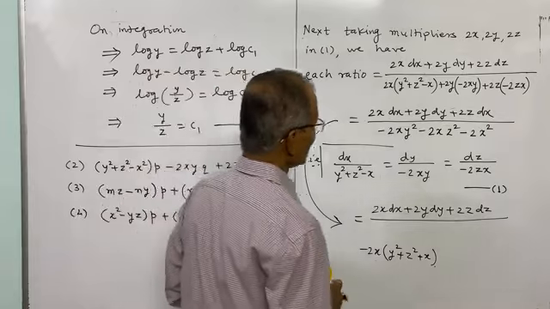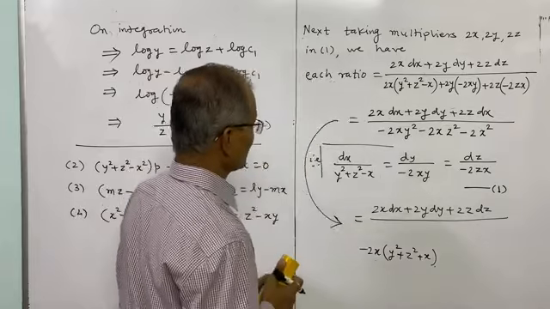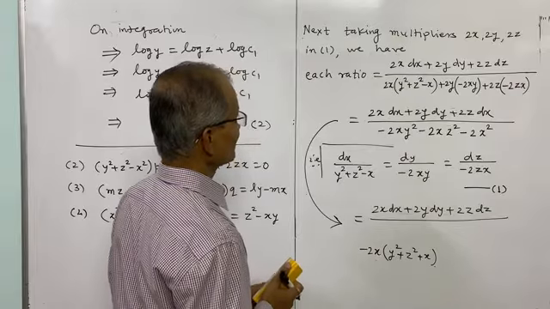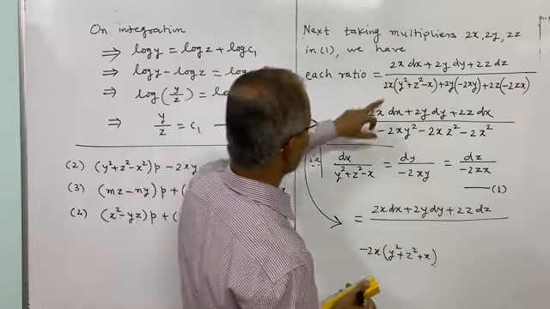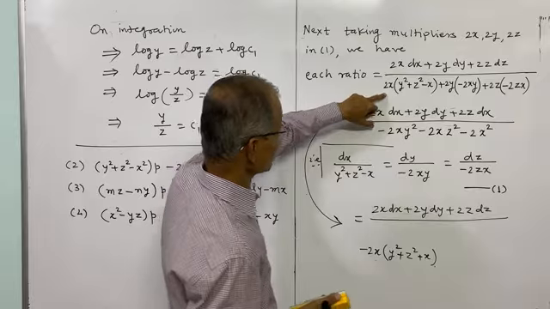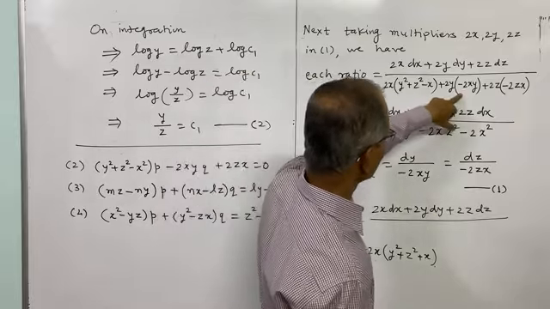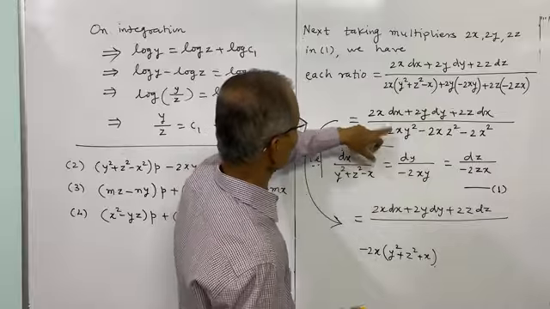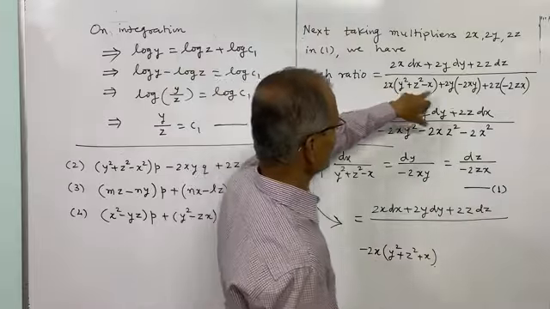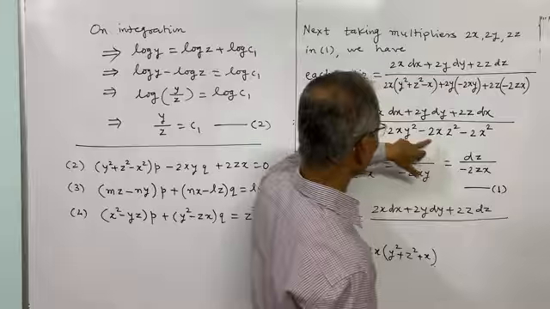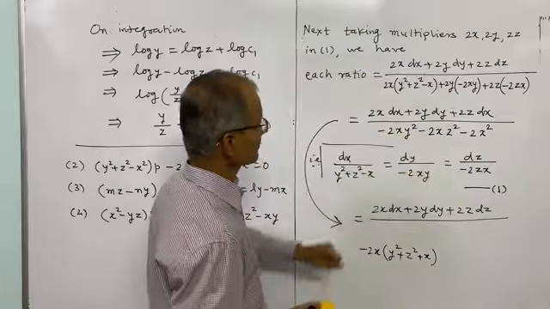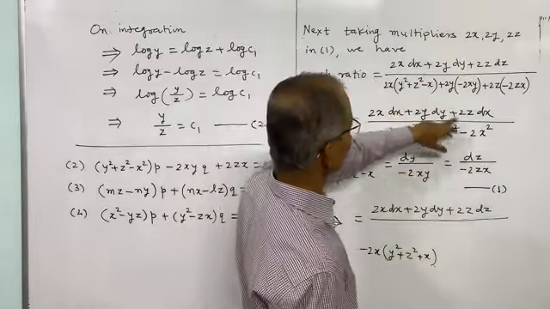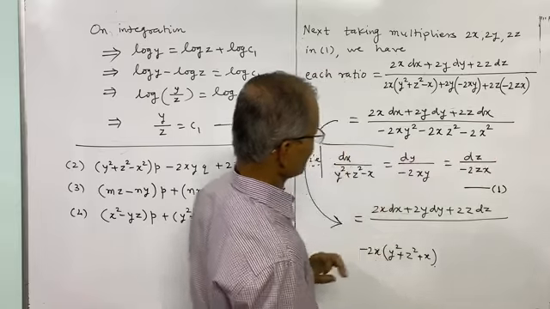So we have to check whether this is the same we have obtained, 2xy square minus 4xy square, 2 minus 4 is minus 2. 2xz square minus 4xz square, that is minus 2xz square, and this is minus 2x square, that is right.